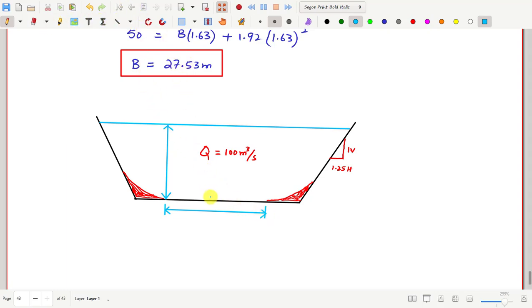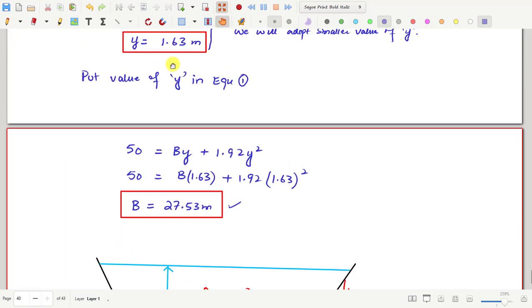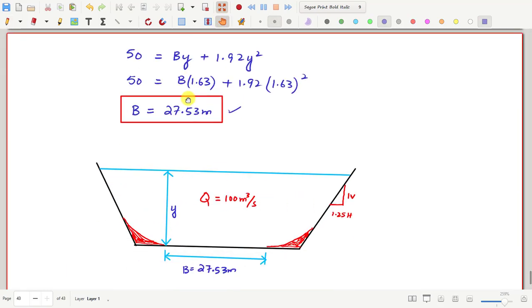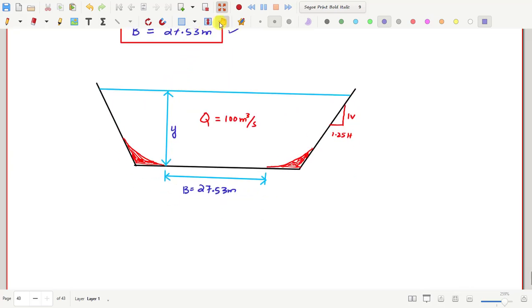So the width of the canal should be, we got it here, the width B should be 27.53 meters. B should be equal to 27.53 meters. And what should be the depth? We got the value of depth, right? The depth should be 1.63 meters. The depth of canal should be equal to 1.63 meters.